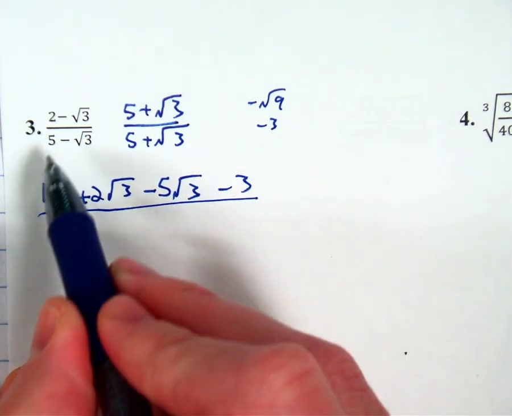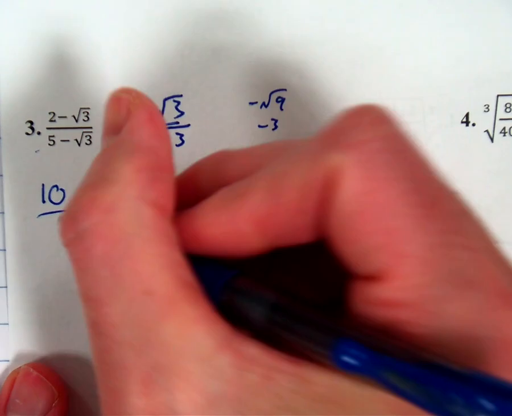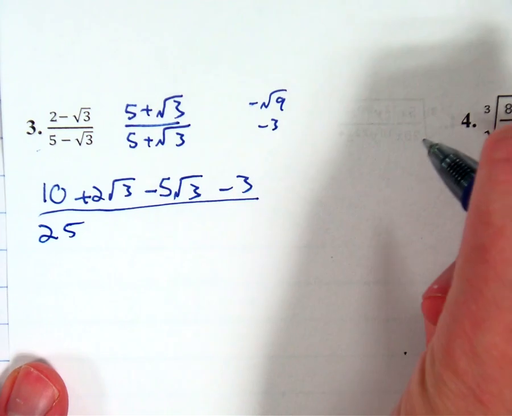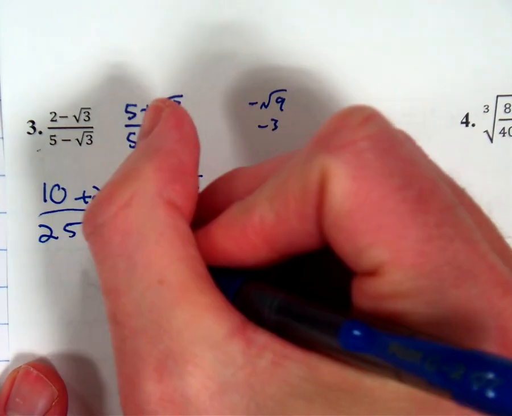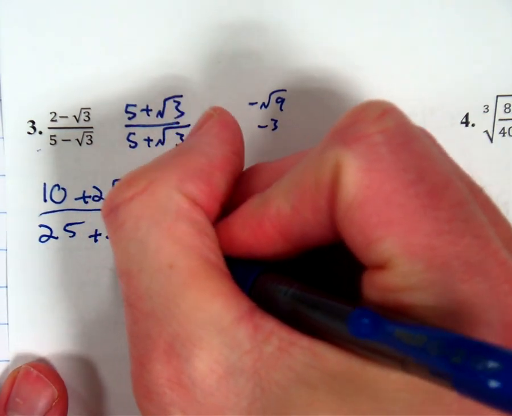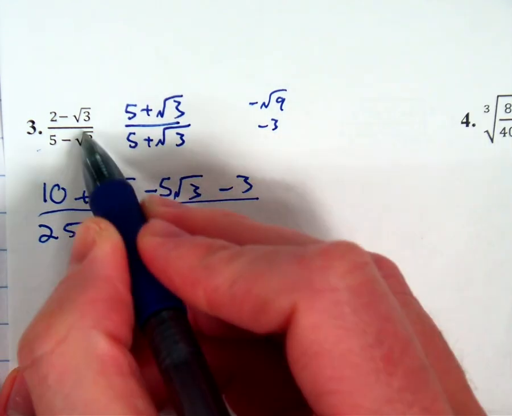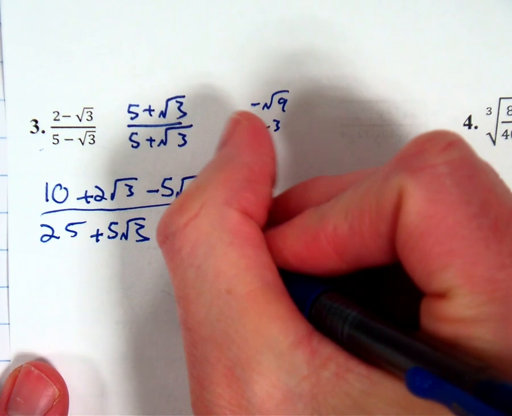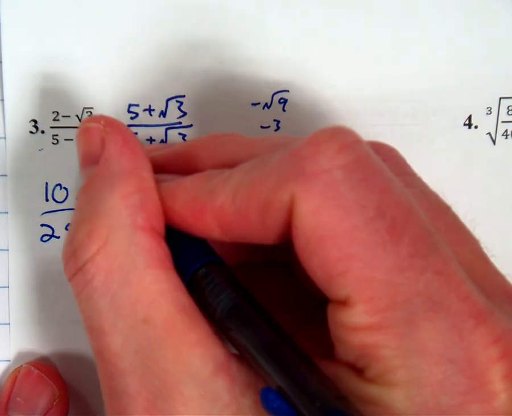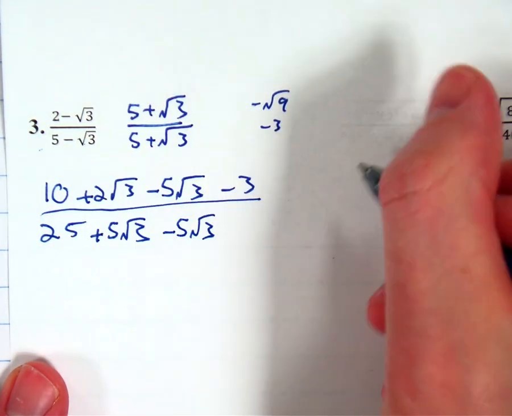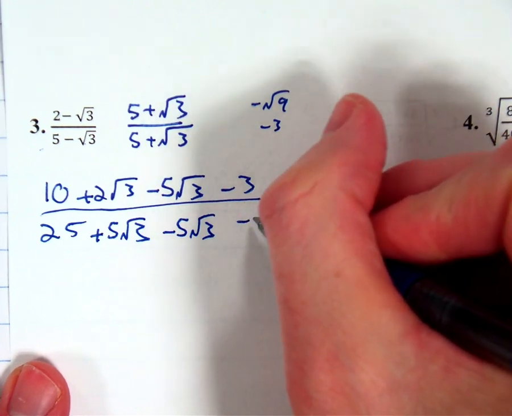On the bottom, 5 times 5, 25. 5 times radical 3 plus 5 radical 3. Negative radical 3 times 5, we got minus 5 radical 3. And there's that negative radical 3 times positive radical 3 again. We know that's a minus 3.